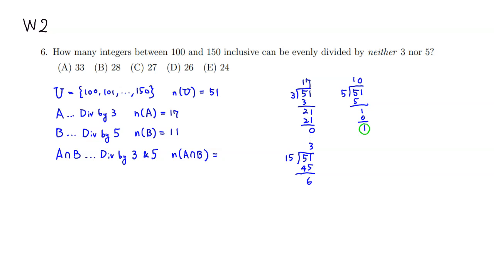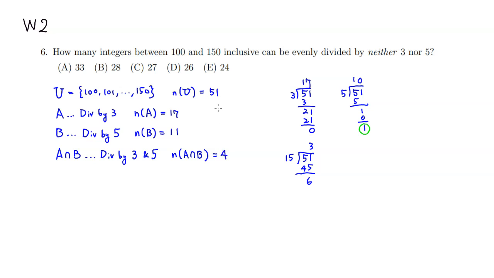So you have at least 3, but for the last 6 numbers, you see that 150 is divisible by 15. So there are actually 4 of them.